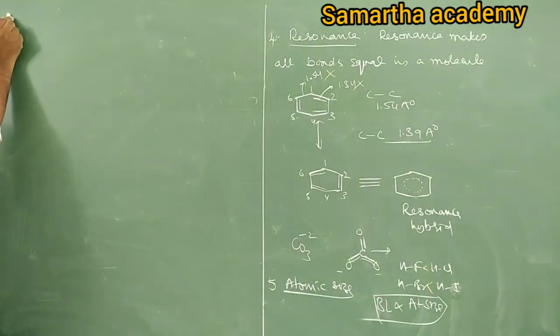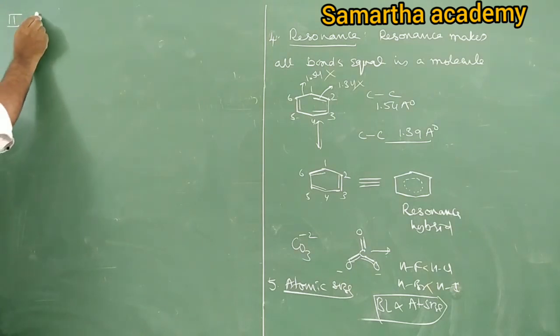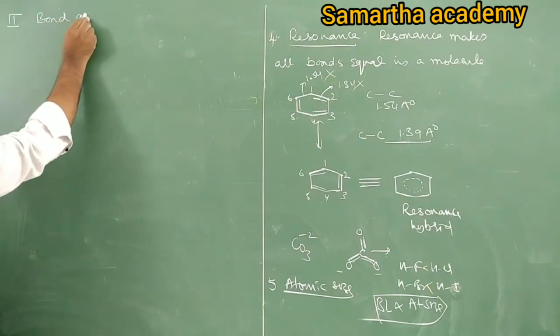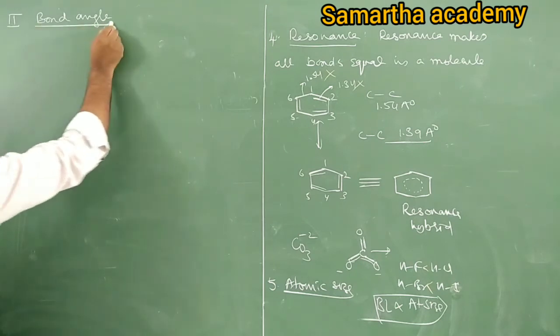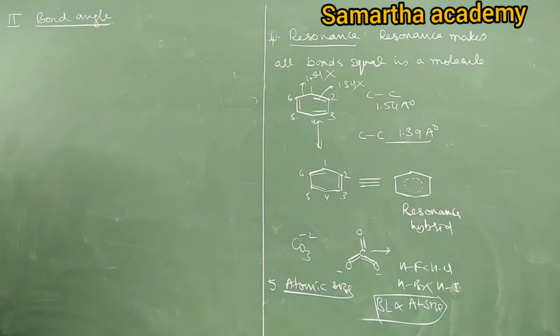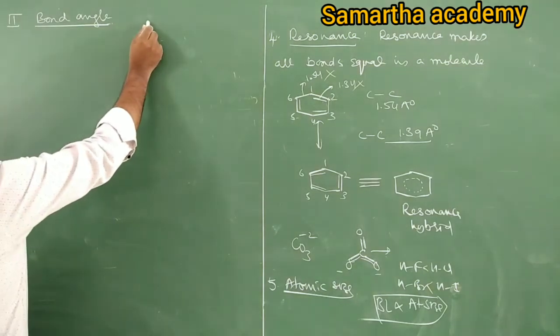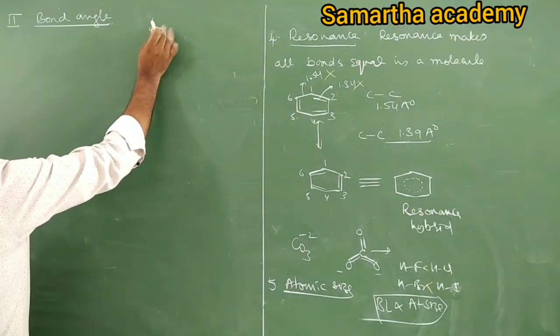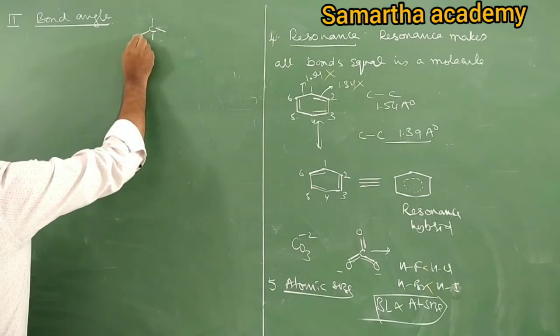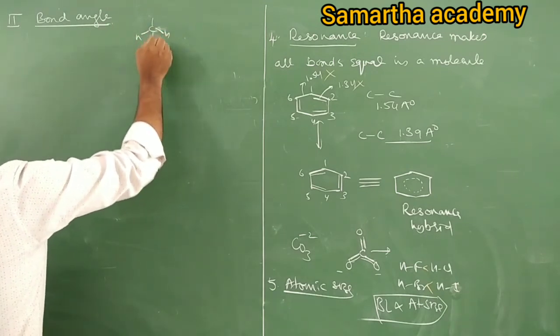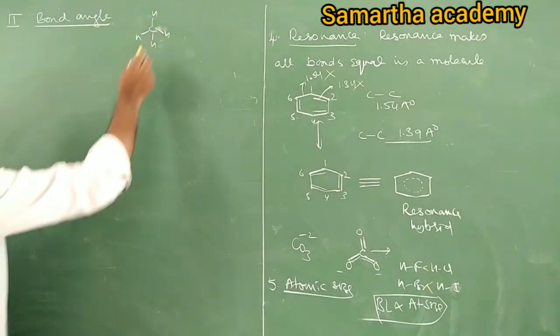Next, the second bond parameter is bond angle. Come on, tell me what is bond angle and what are the factors. Let us take an example; we have studied hybridization. Take the methane molecule. This methane molecule has tetrahedral geometry, right?